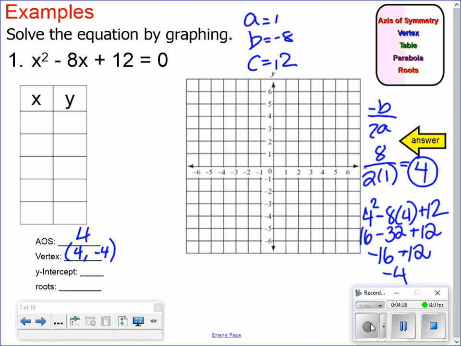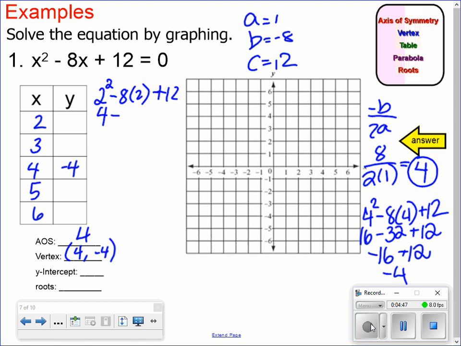Alright, so again, we want to put our vertex in the middle of our table. I get 2 points that come before, 2 points that come after, and I substitute those in. I'm just going to use 2. That's 2 squared minus 8 times 2 plus 12.